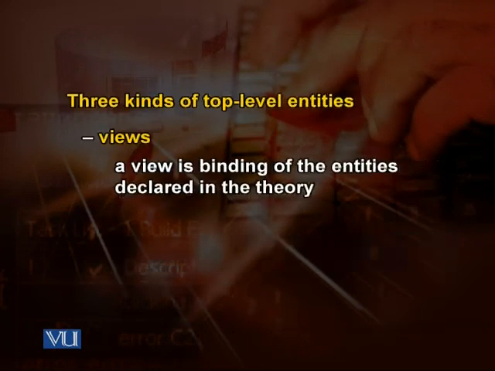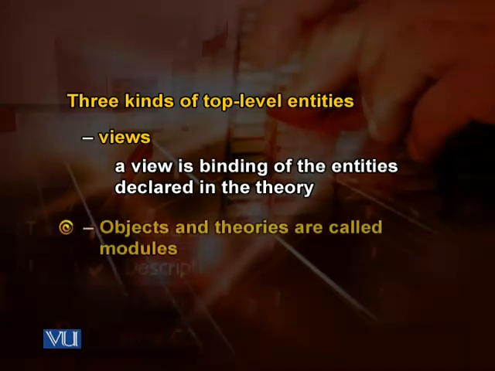A view is a binding of the entities declared in the theory. And objects and theories are called modules. So the three top-level entities in the OBJ specification are objects, theories, and views.